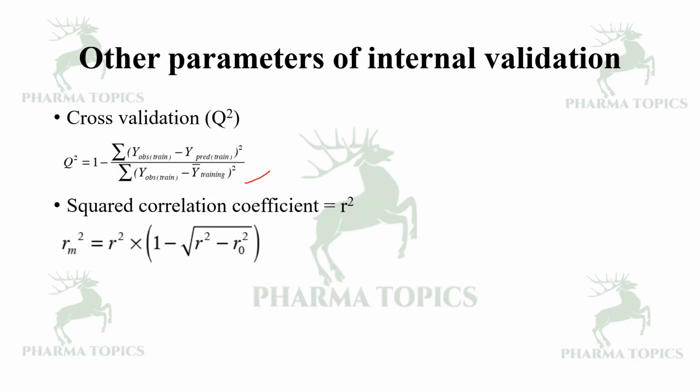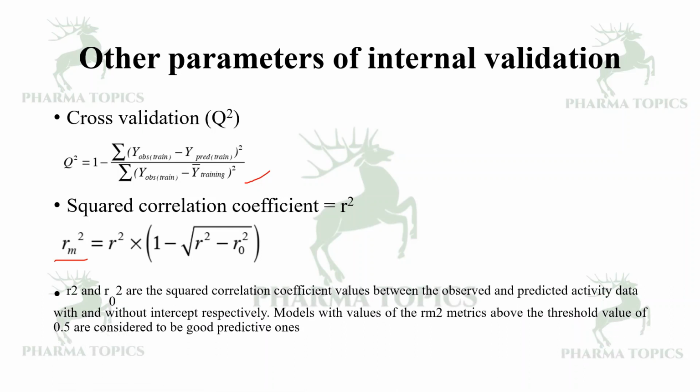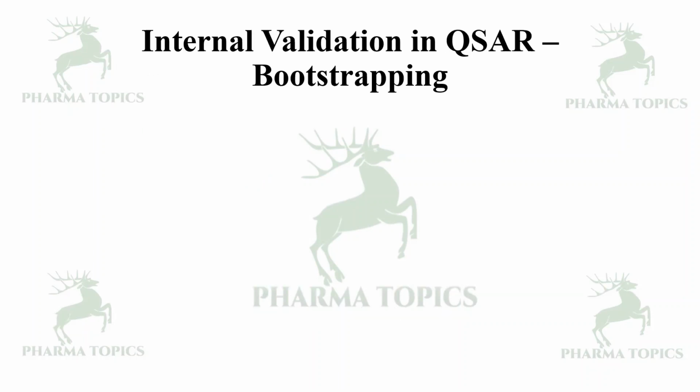Then there is one more thing called R square M. So this is R square into 1 minus the square root of R square minus R naught square, where R square and R naught square are the squared correlation coefficient values between the observed and predicted activity data with and without intercept respectively. Models with values of the R square M metrics above the threshold value of 0.5 are considered to be good predictive ones. So R square M should be greater than 0.5.